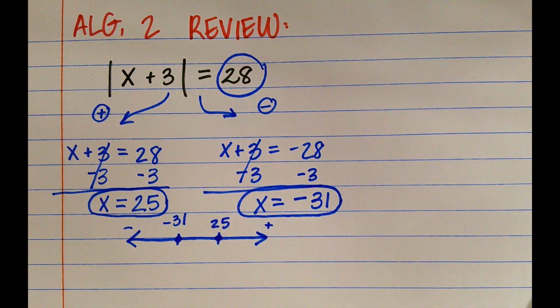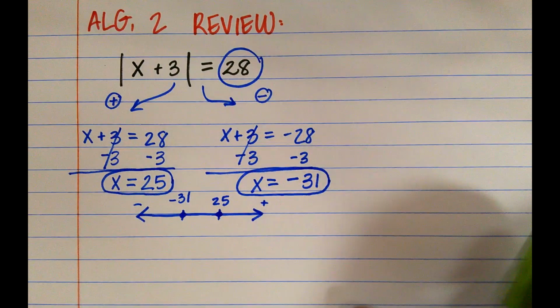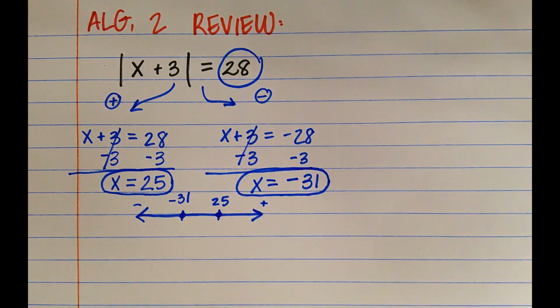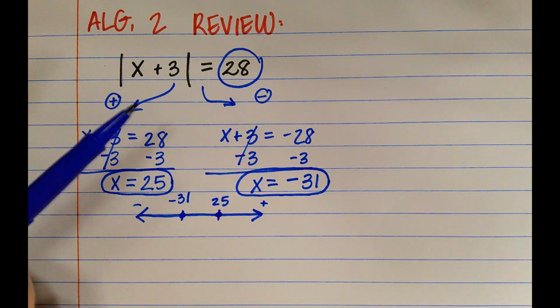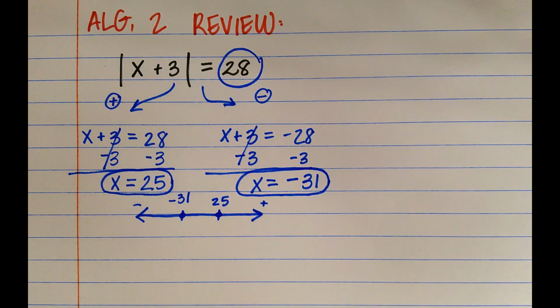It's like having negative money in your bank account. I would rather have $25 than negative 31. That would not be great. So at the simplest level of solving absolute value equations, the only difference from a regular equation is we split into 2.